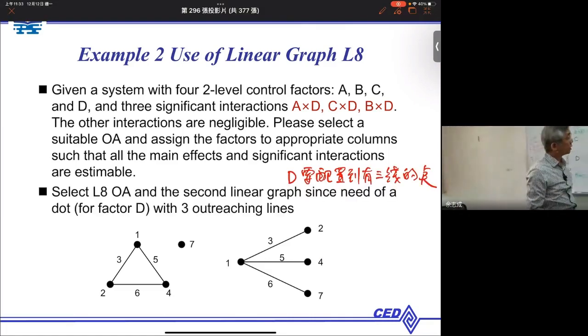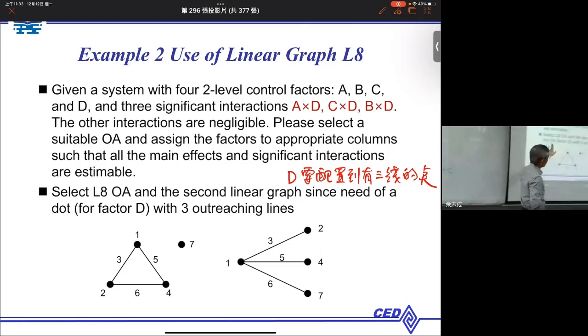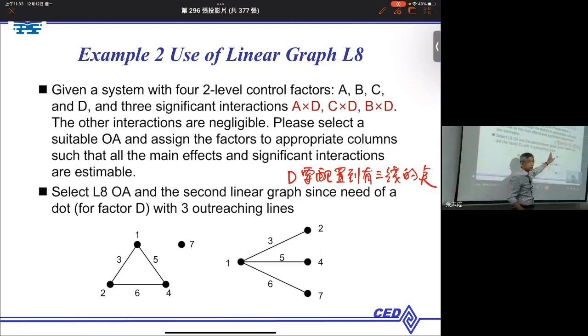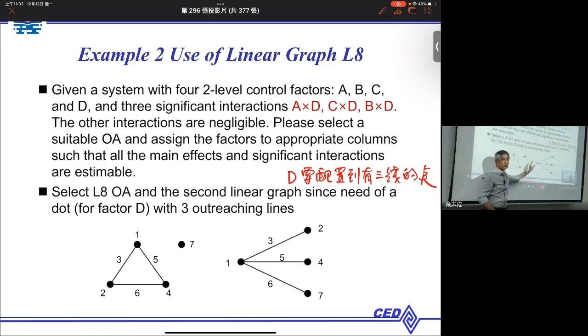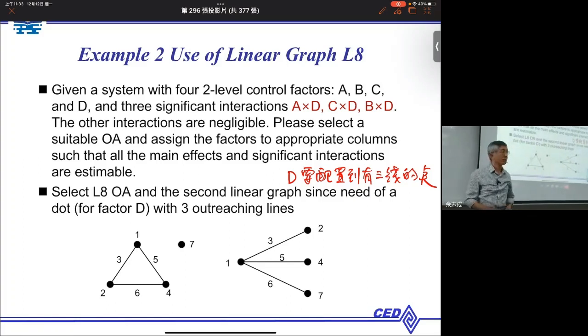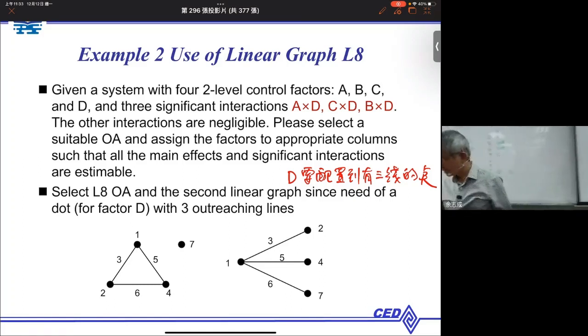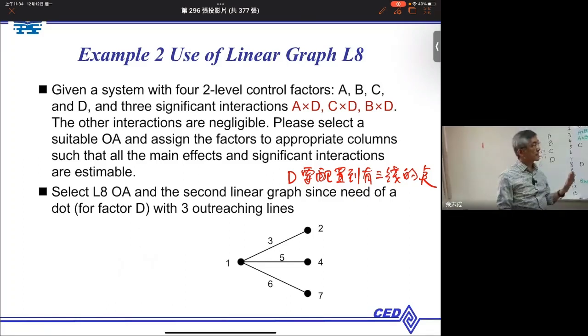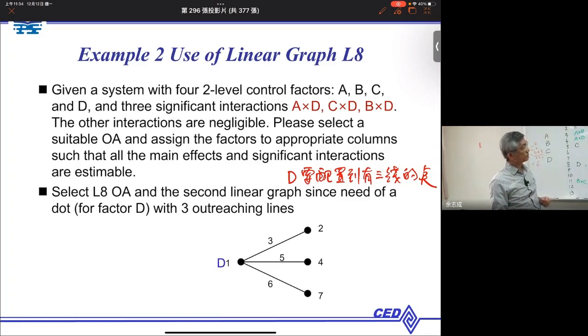Assign D to a dot in a linear graph with 3 outreaching lines, which linear graph number 2 is suitable for. So we assign factor D to column 1. Then we know what will be the second factor to assign. We look at the interactions.